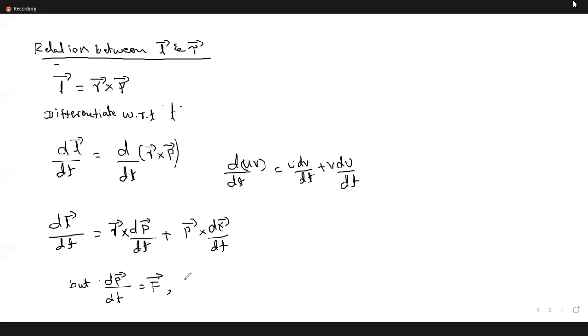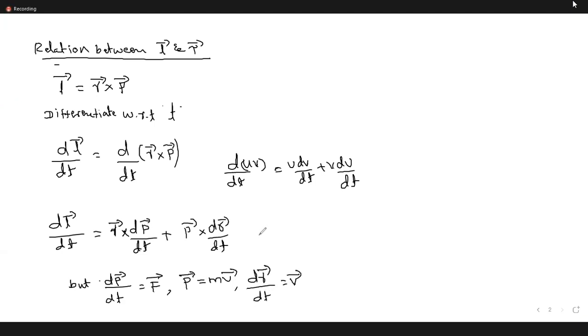Linear momentum p equals m v, and the rate of change of position vector dr by dt equals velocity.